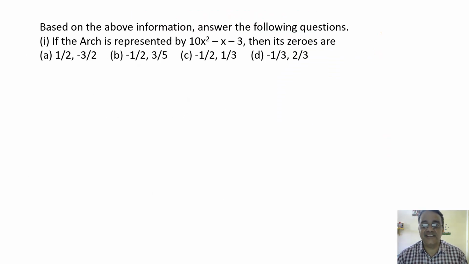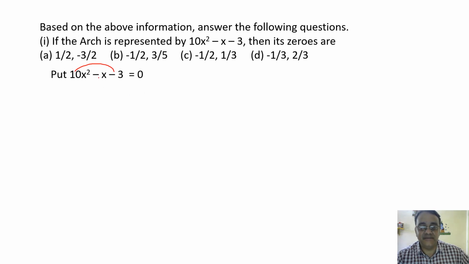If the polynomial is represented by 10x² - x - 3, then its zeros are dash. So we will equate it with 0 first. Now see, the product is -30. Since the product is negative, the two factors of 30 must differ by 1, because the sum here is -1. 6 and 5.